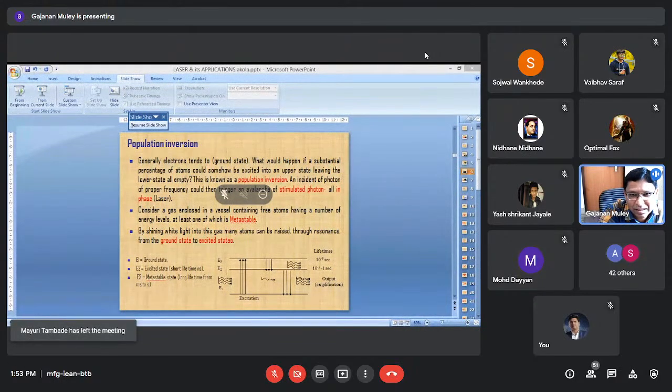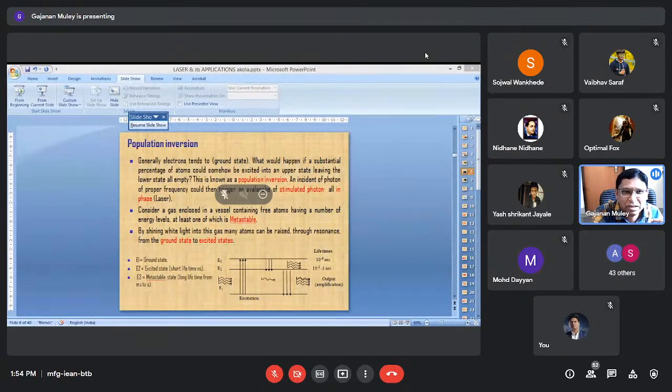It is a pink, ruby-colored rod, excited with a flash lamp, a flash tube. In this figure you see the ruby rod excited with the flash lamp, and it emits monochromatic coherent light of wavelength 694.3 nanometer. So this was the first laser, designed and operated by Maiman, and we call it the ruby laser.